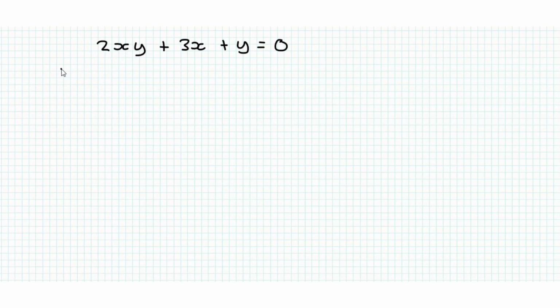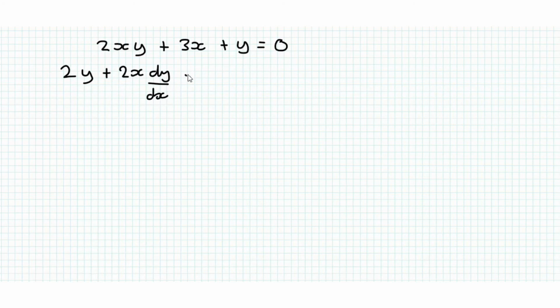So first of all, we're going to leave the y as it is and just differentiate the 2x, so that's 2y. Now we're going to leave the 2x as it is and differentiate the y with respect to x. Differentiating y with respect to x is dy by dx, so that's plus 2x dy by dx, okay?